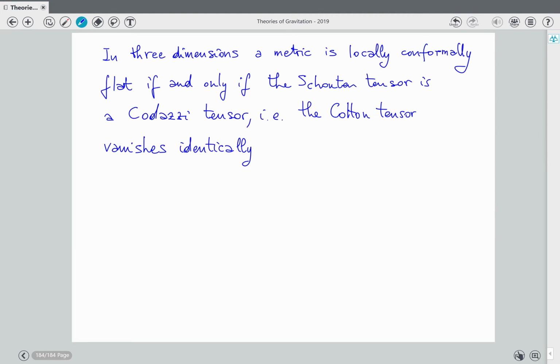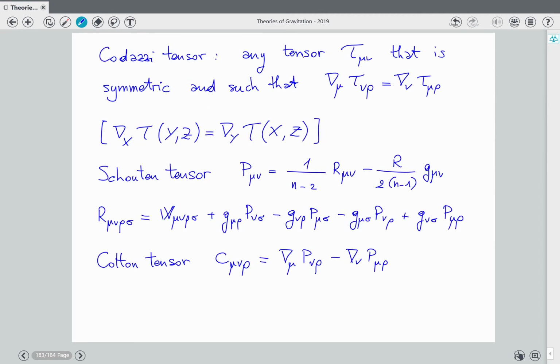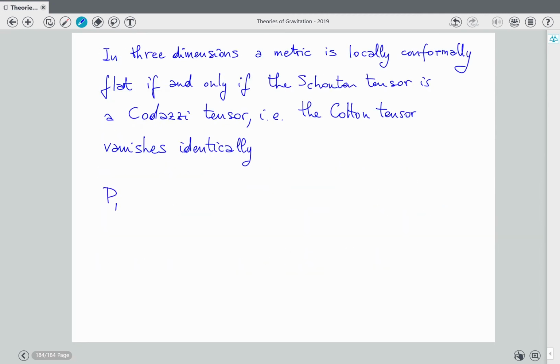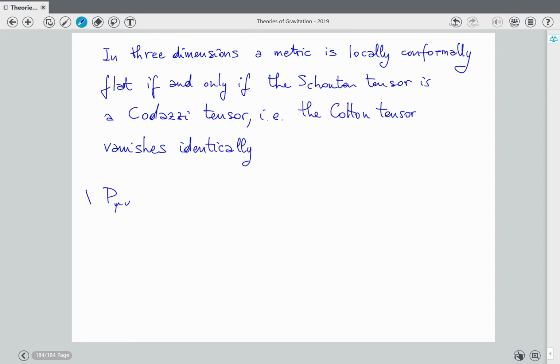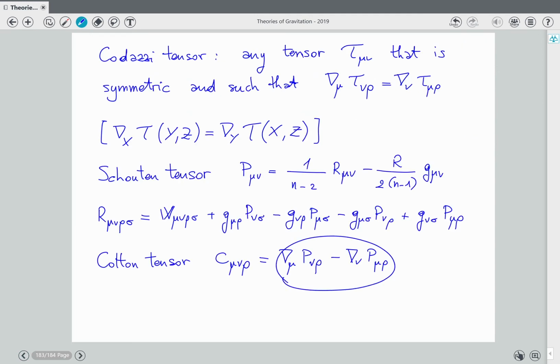So what does it mean when the Schouten tensor is a Codazzi tensor? It means that the Schouten tensor must satisfy that condition with P instead of curly T. But then it means that the Cotton tensor is 0.